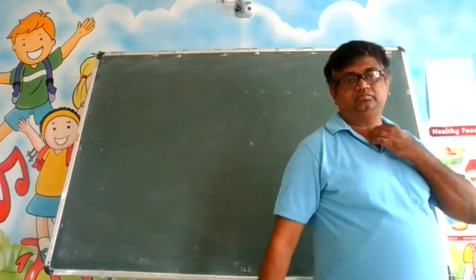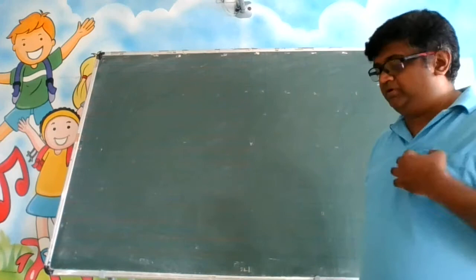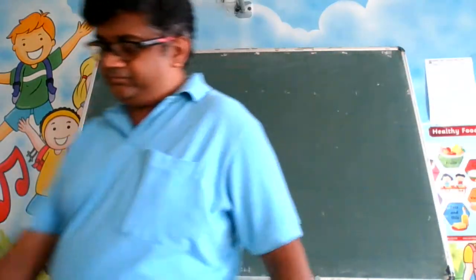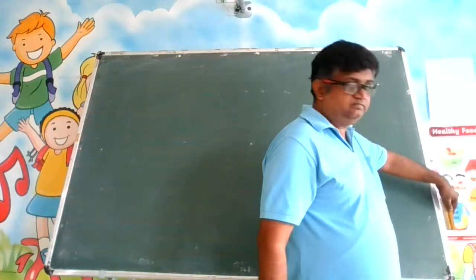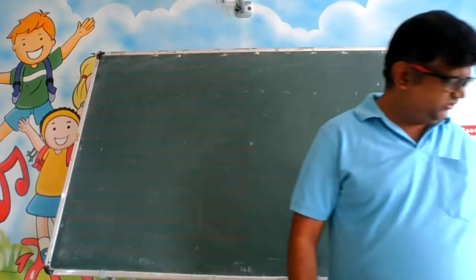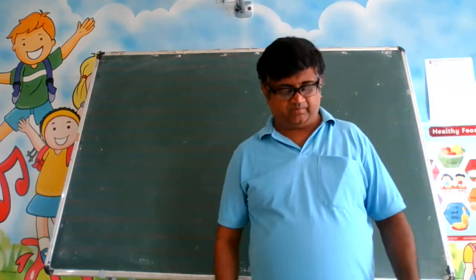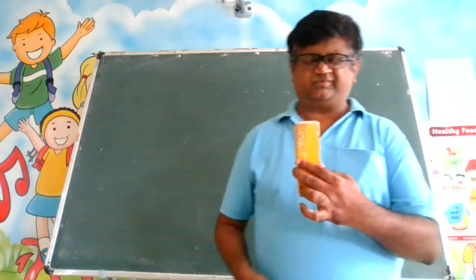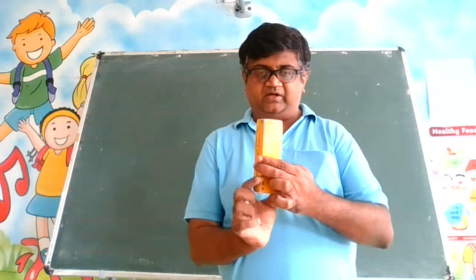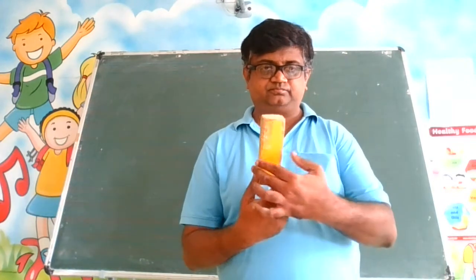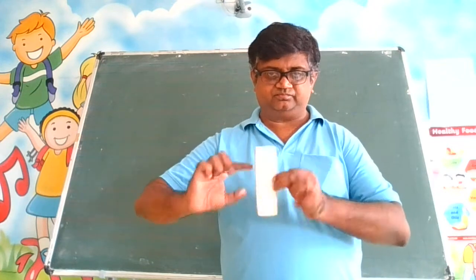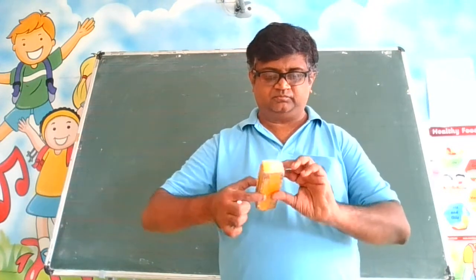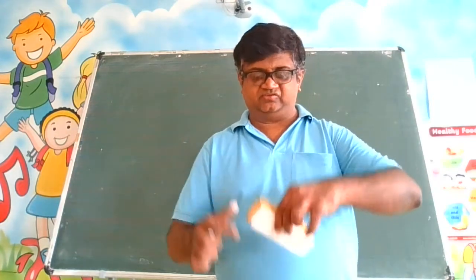So good morning students. In the last class we were discussing moment of inertia. I told you that moment of inertia basically is rotational. When you talk in the rotational sense, what is the inertia offered by the body? Now when I take this duster, it can rotate like this, it can rotate like this also, and it can rotate like this about some other axis.